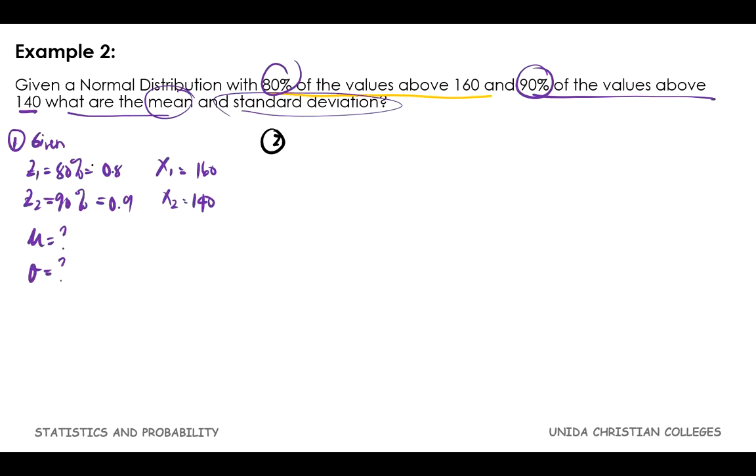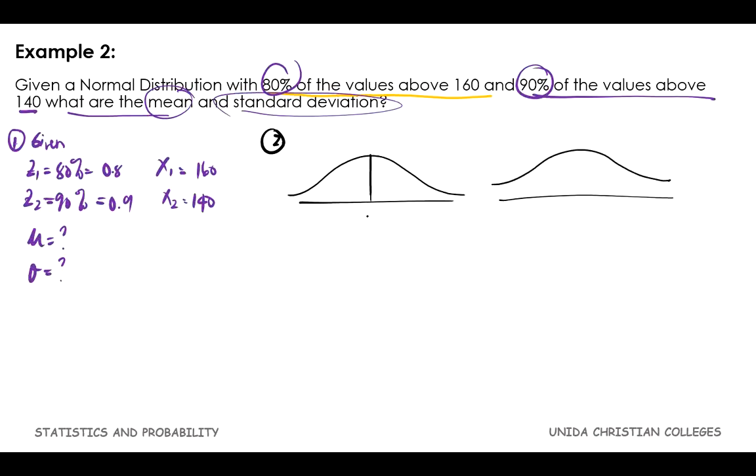Dahil dalawa yung z sub 1 natin, mas maganda na dalawa talaga ang ating normal distribution. Okay? So, nawawala si mean, di natin makita, pero the idea is 80% daw ng value is above 160. So, 80%, alam ulit natin na ito ay 50%, 50%.